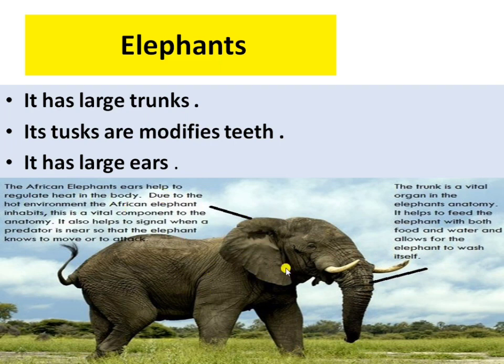The large ears help regulate heat in the body. They have large ears, tusks that are modified teeth, and large trunks. So these are the adaptations of elephants in the tropical rainforest region.